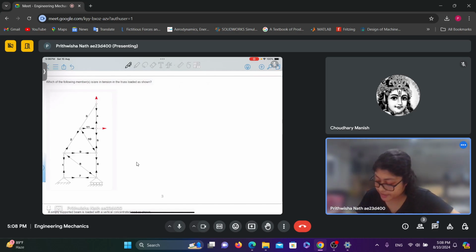We can find out the members by looking at the joints. If the arrows are pointing away from the joint, we can say that the member is in tension, right? We need to see the joints where the arrows are away from the joints, which suggests that the member is in tension.